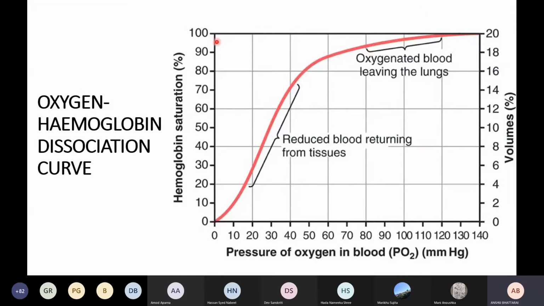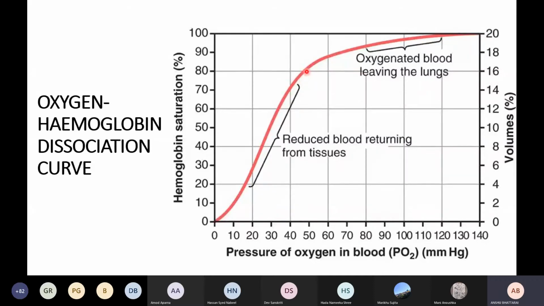Okay, so when about 100% of hemoglobin is saturated with oxygen, in this case, 15 to 20 ml of oxygen is carried per 100 ml of blood.